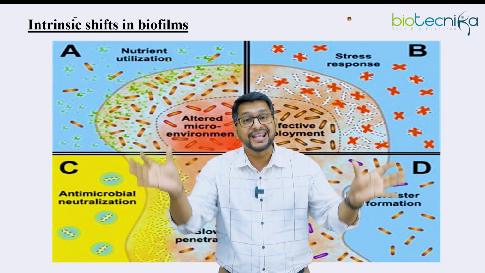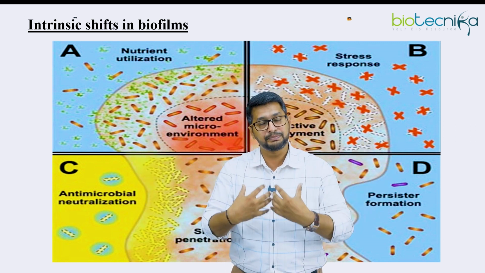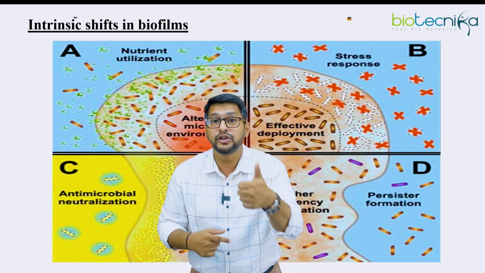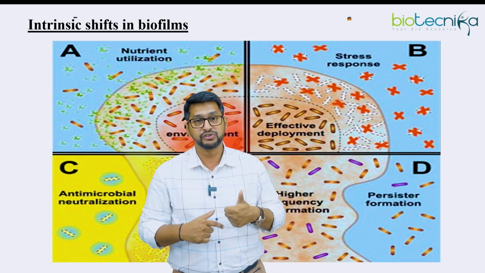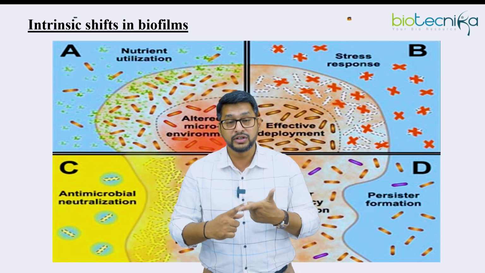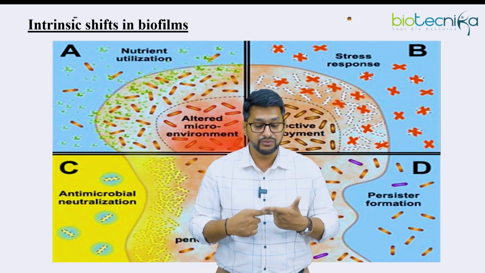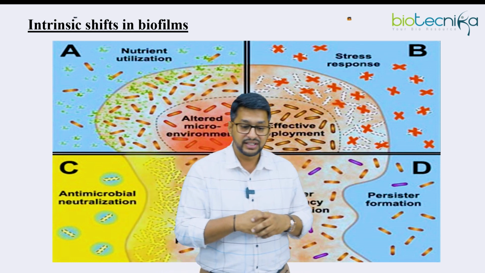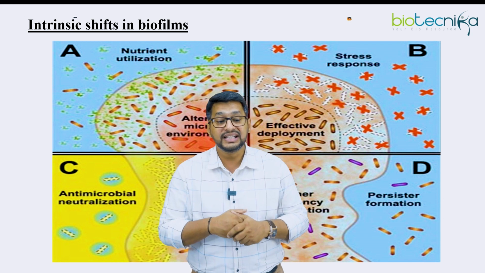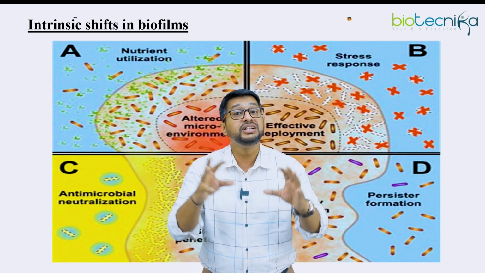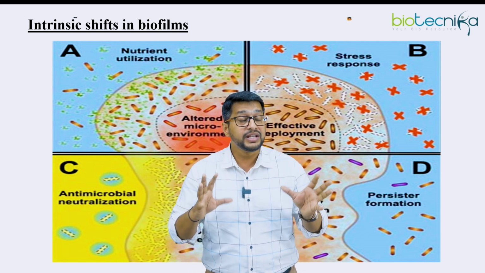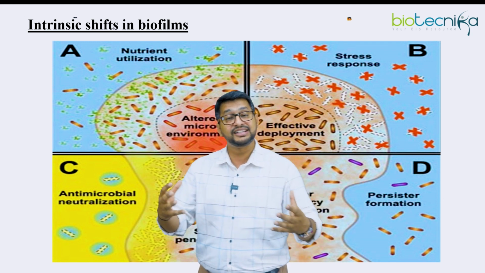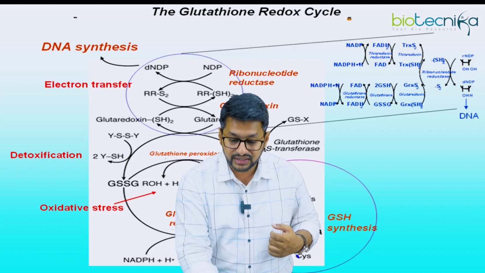However, on the outer part of the biofilm, there is a huge amount of stress response that we can look into. There is a huge amount of persister formation which can result in an antimicrobial effect, and this can also lead to various other nutrient utilization. So these are the important extrinsic and intrinsic factors which will actually govern the formation of biofilm.